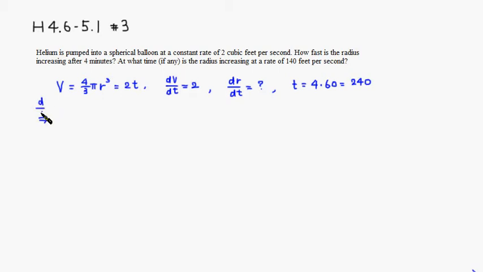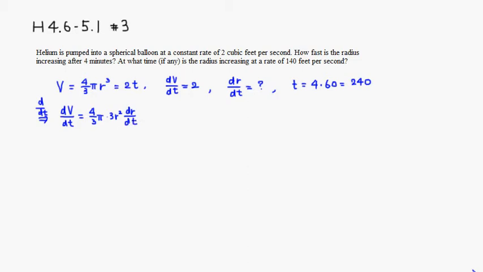We'll get dV over dt equal to 4/3 pi, just a constant multiple, so I'll put that in front, and the derivative of r cubed would be 3r squared times dr over dt.